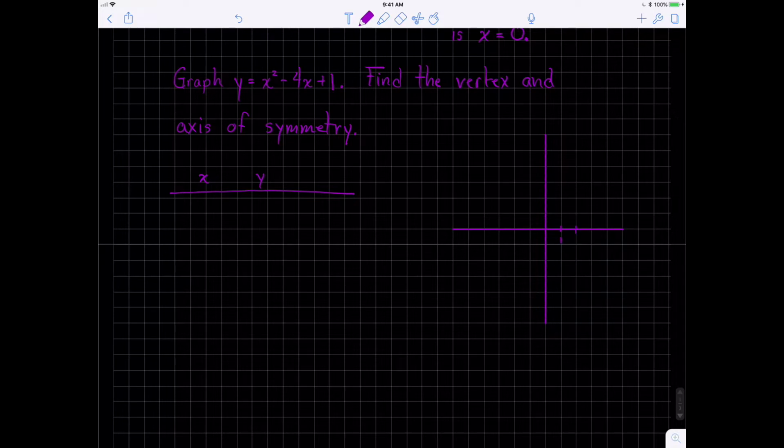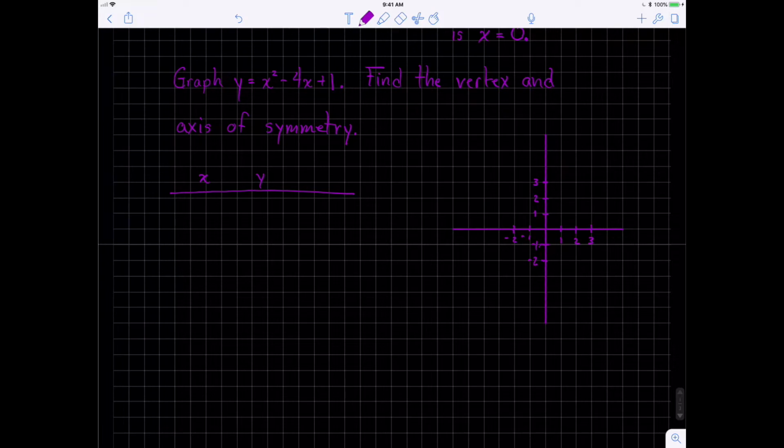Here's 1, 2, 3. And you can see that we're just going to use the graph paper. 1, 2, 3. And if we need to go higher or lower, we can always do that. Here's -1, -2. And you can also go below the x-axis: -1 on the y, -2 on the y.